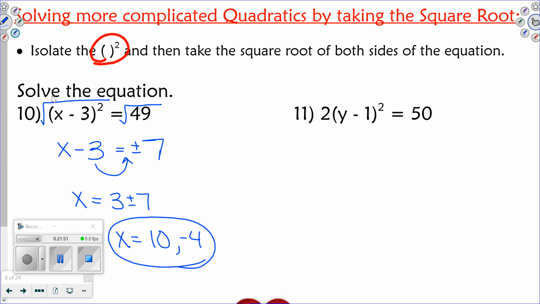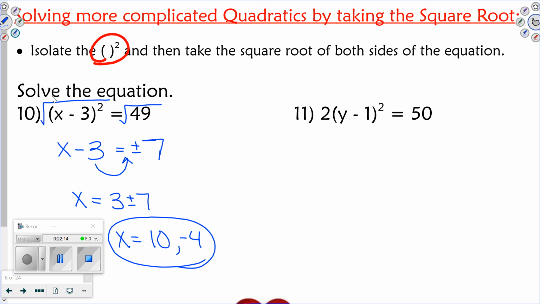Okay, so a lot of people, if they write just plus 3 underneath here, they're like, yeah, it's plus or minus 10. No, it's not. I just think it helps to see it when I bring it over this way and write it in front. It makes more sense to people. Plus minus means I'm adding and I'm subtracting. It means I'm doing two operations.